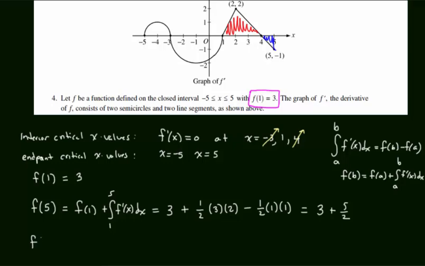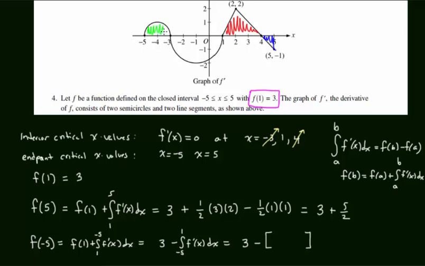Now for f of -5. f of -5 will be f of 1 plus the integral from 1 to -5 of f prime of x dx, so that will be 3. But I'm going to subtract so that I can flip the integral, -5 to 1 of f prime of x dx, which will give me 3 minus, I'll appeal to geometry to get the integral from -5 to 1.